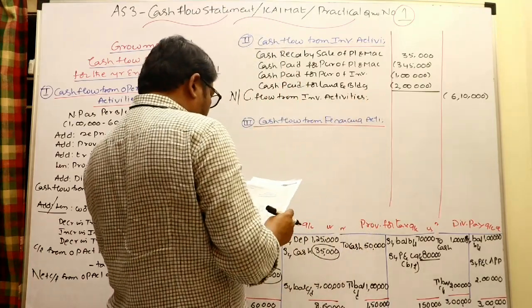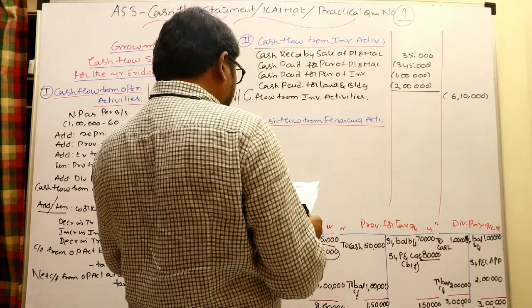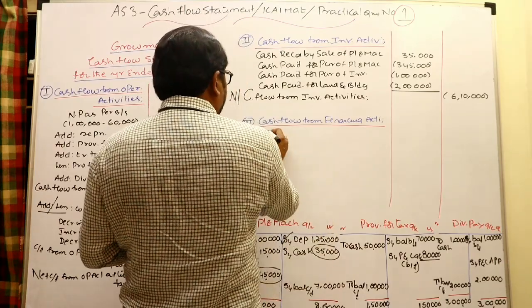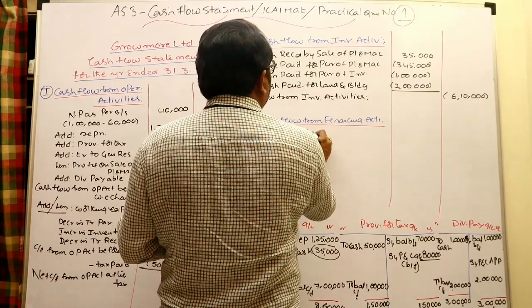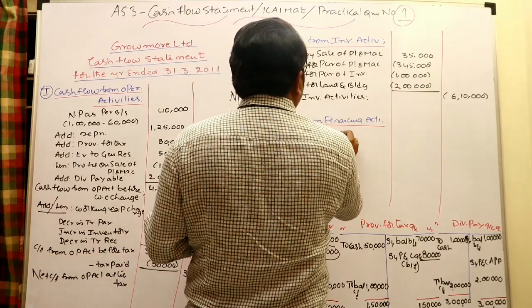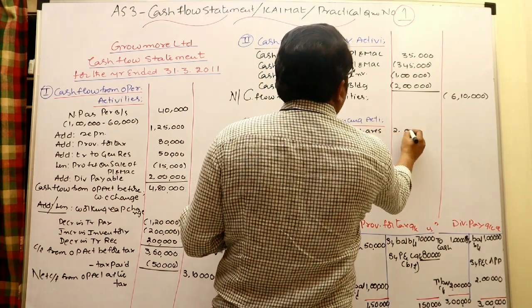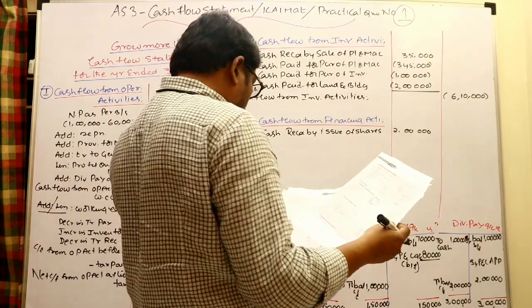Come back to here. Share capital increased, you can check how much: 8 lakhs changed to 10 lakhs. Cash received by the issue of shares, 2 lakhs.